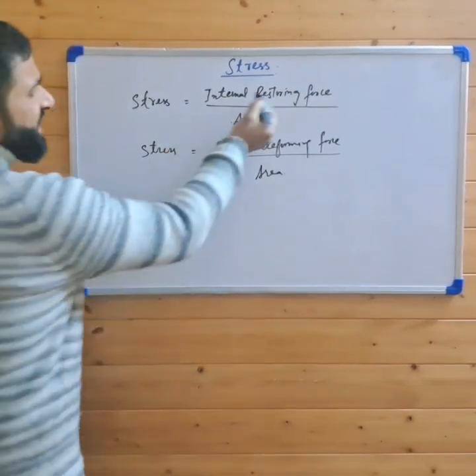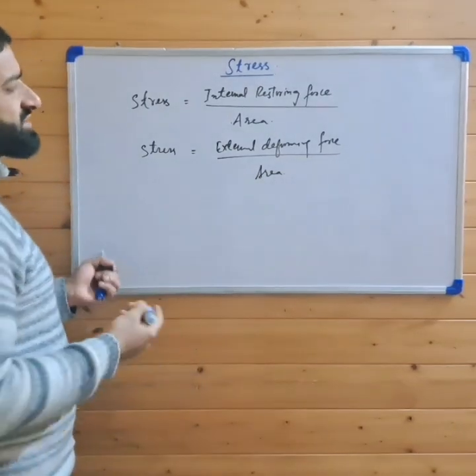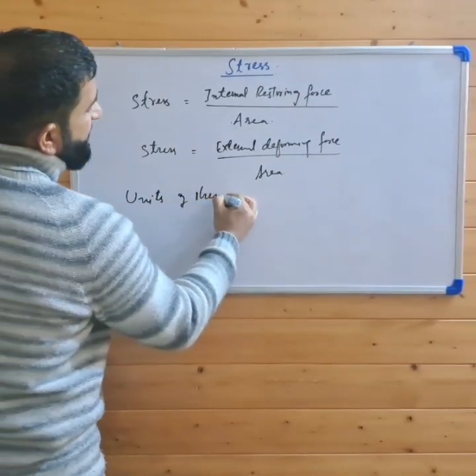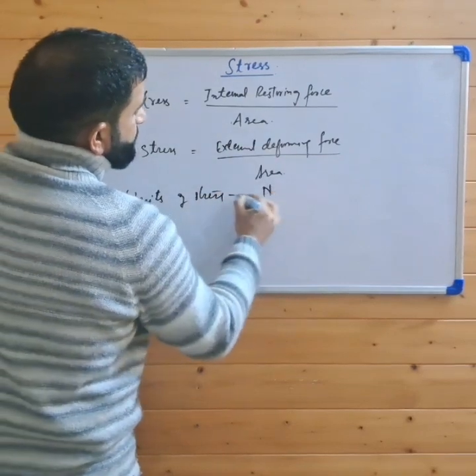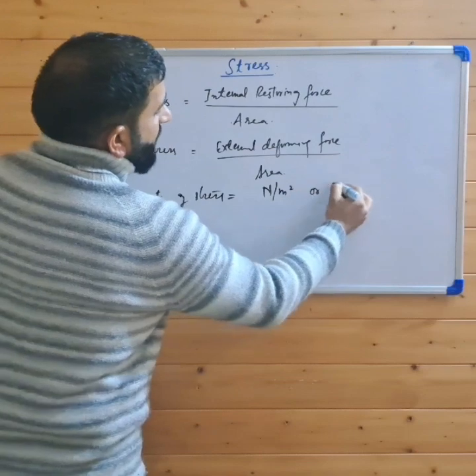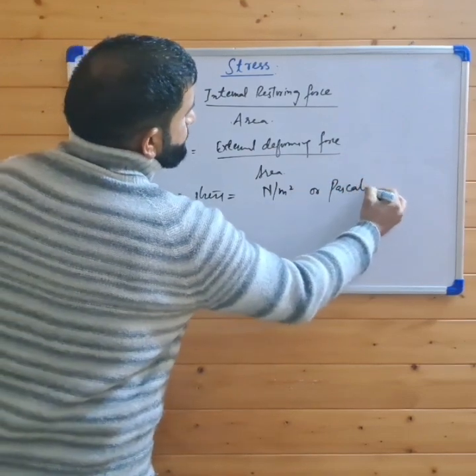Now, the internal restoring force is a force, external deforming force is a force, so the units of stress are Newton, and area has got meter square, Newton per meter square, or pascals.